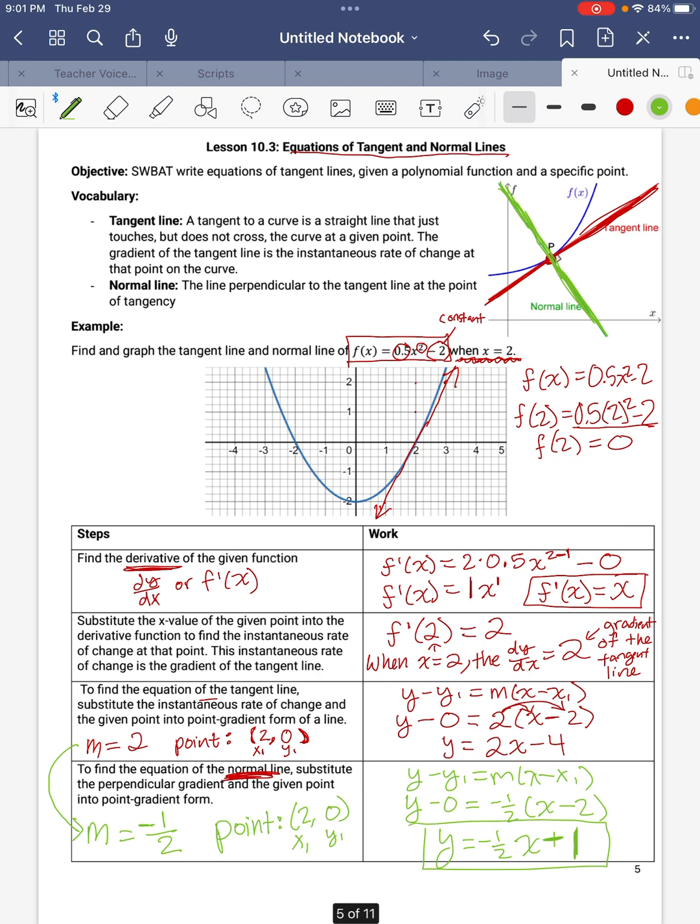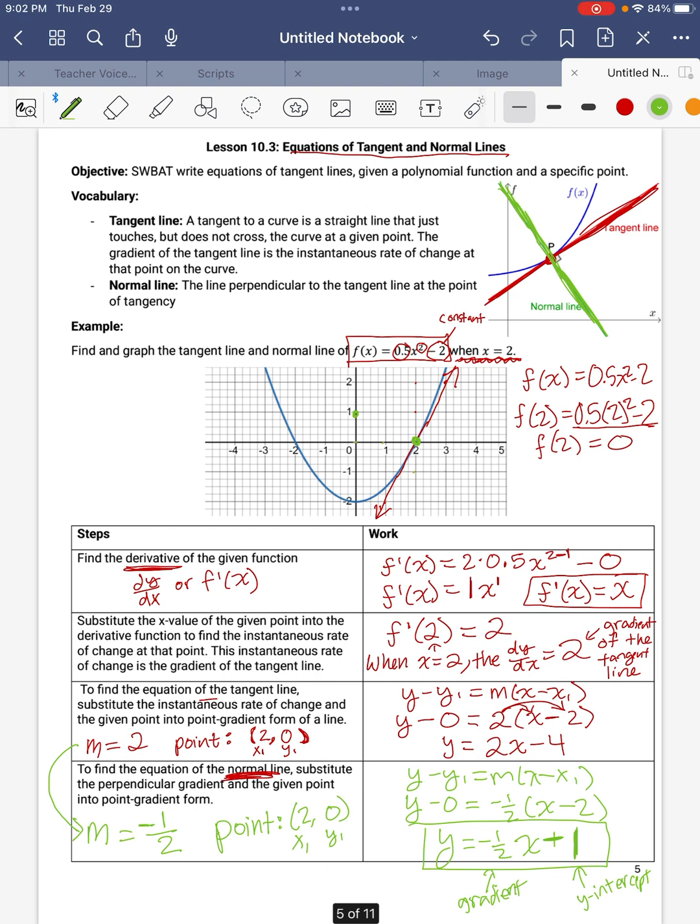So now I'm ready to graph that normal line. So we know we're going through this point, P, and we know the y-intercept is 1, so I can graph that, because this is our y-intercept. y equals mx plus c. c is the y-intercept. And then my gradient, negative 1/2, tells me I go down 1 over 2.